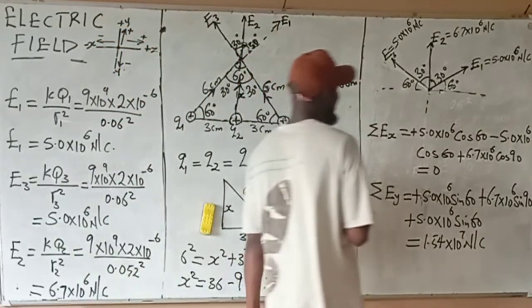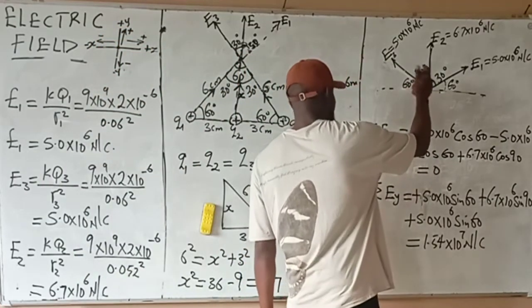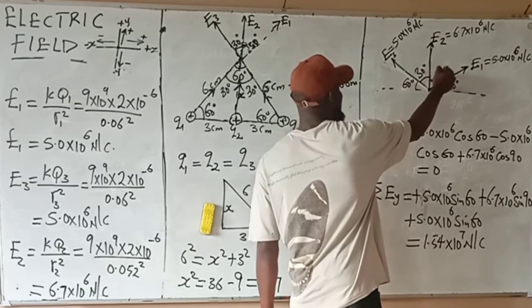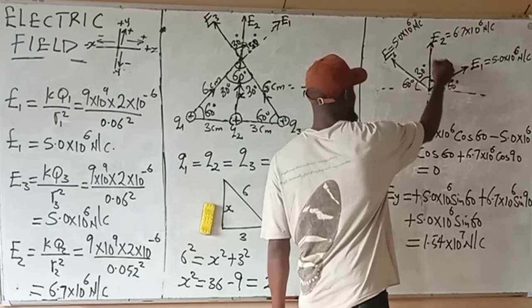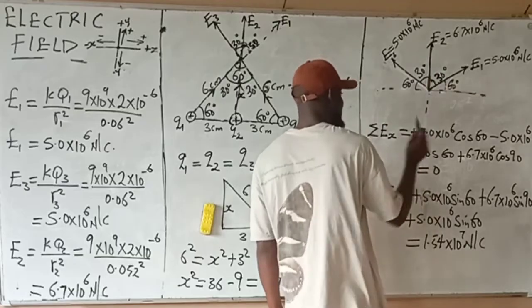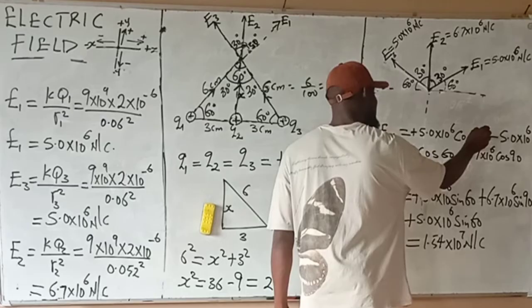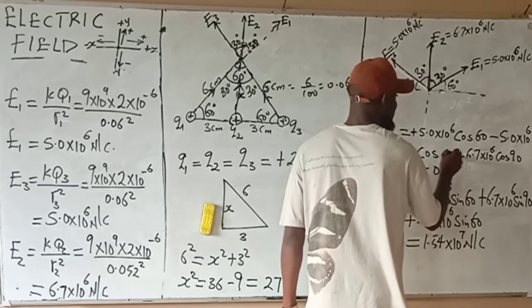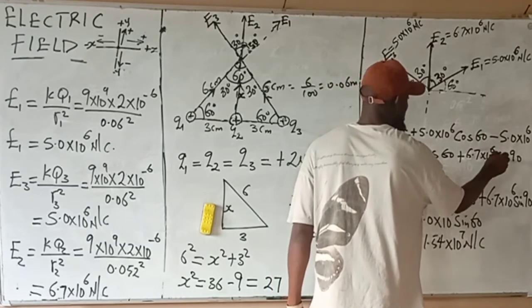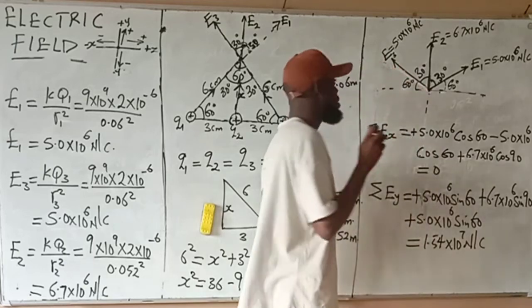So look at this. Again, if I'm going to use 30 degrees now, which is the angle between this vector and the y-axis, I will use sine 30. Then this one I will use sine 0. Why am I going to use sine 0?